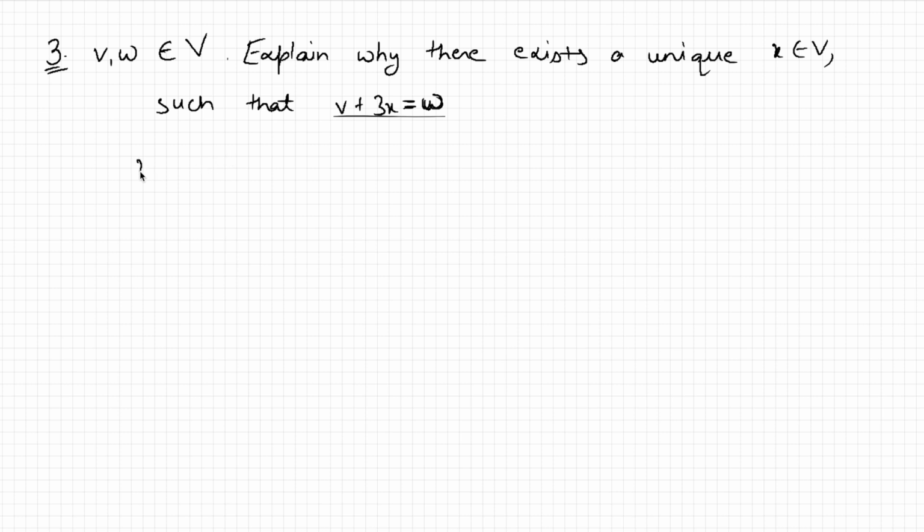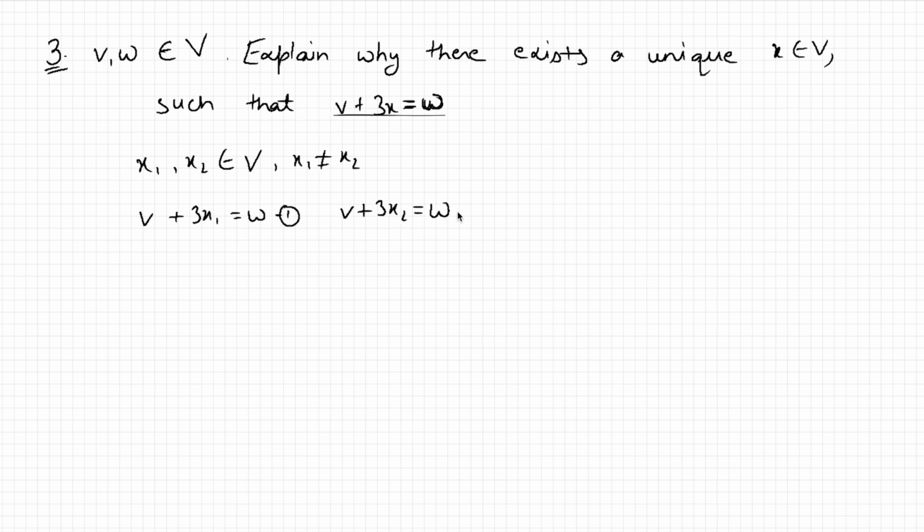So let us say x1 and x2 belonging to V such that x1 is not equal to x2, and this condition holds. So V plus 3x1 equals W, and V plus 3x2 is also equal to W. So there is not a unique x, but there are two different x which satisfy the same condition.